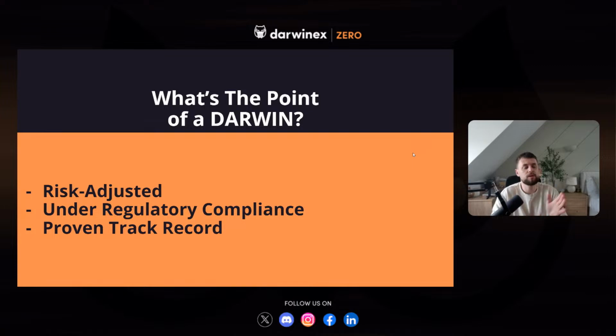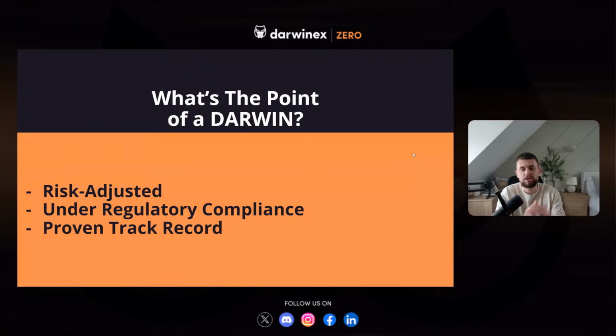Your Darwin is regulated and held under Darwinex's asset management license, which basically means you don't have to be independently regulated, you don't have to get a certificate of regulation or pay the FCA or whoever your governing body is to become a regulated asset manager, because it all goes through Darwinex.